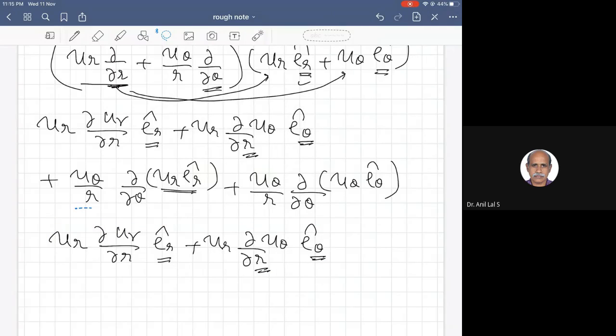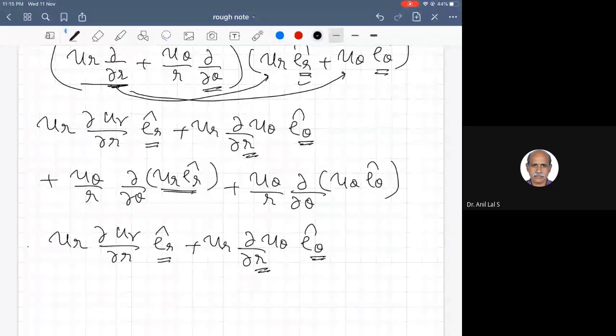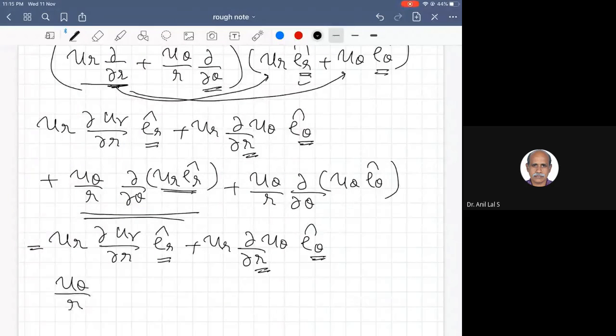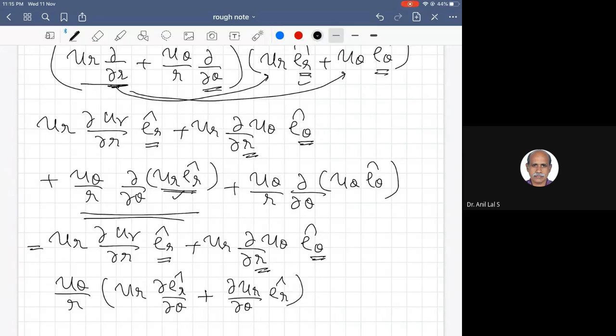Whereas if you are trying to differentiate this, I am going to have u theta by r. This has to be differentiated as a product. So first ur is taken outside, dou er by dou theta, plus next ur is differentiated, dou ur by dou theta into er outside.